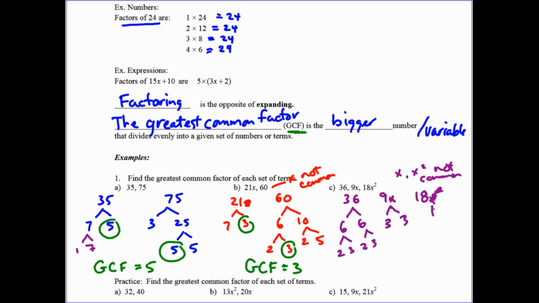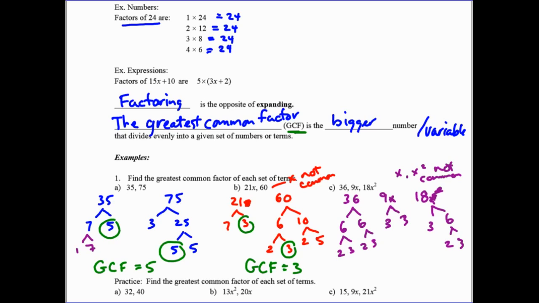Okay, now what about 18? 18 also is broken down into 3 and 6. 6 can go further, 2 and 3 as we saw before. So from that, what you can sometimes do is see if you have a greatest common factor that each of them go into.